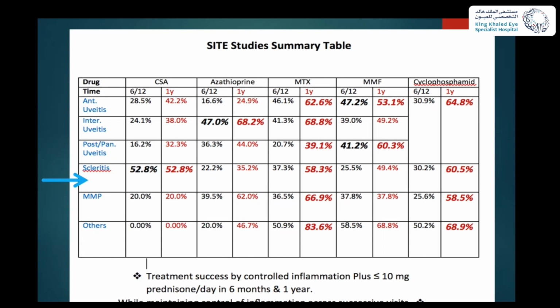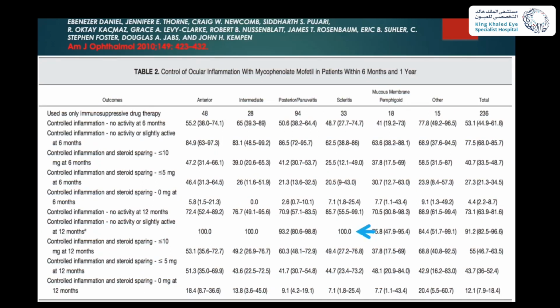Cyclophosphamide is more effective, but I think the study appeared in 2012, and I think that has not changed. Still, methotrexate and CellCept are safer, and are good for controlling these patients as steroid-sparing agents. In our hands, CellCept, mycophenolate mofetil, is one of the good treatments for these patients.